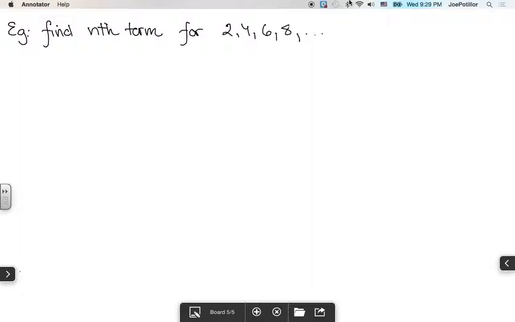You're given the sequence, and you need to figure out how the pattern developed. Find the nth term for the 2, 4, 6, and 8 situation. Okay. So the solution to that.